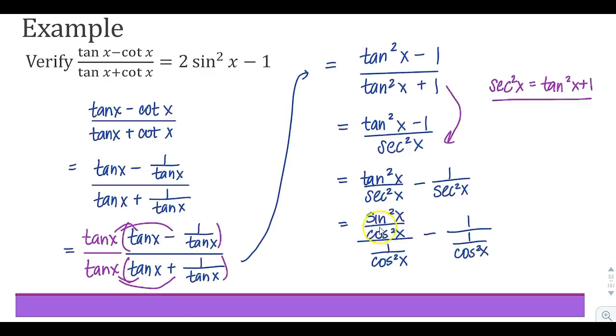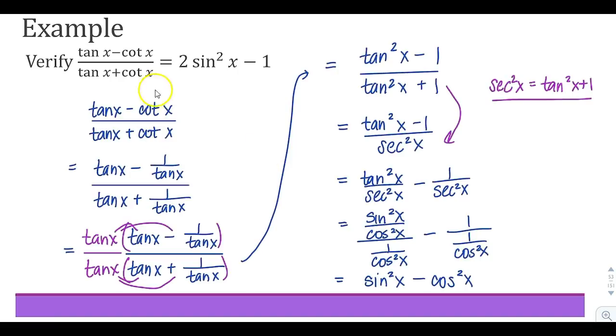So since this quotient on the top has a denominator of cosine squared, and this one has a denominator of cosine squared, when I multiply by the reciprocal, I'm going to get just sine squared x minus, and right here, when I multiply by the reciprocal, I'm going to get cosine squared x.